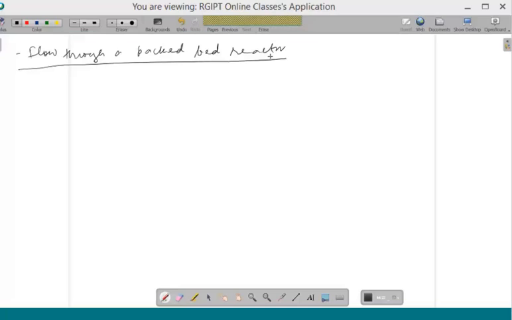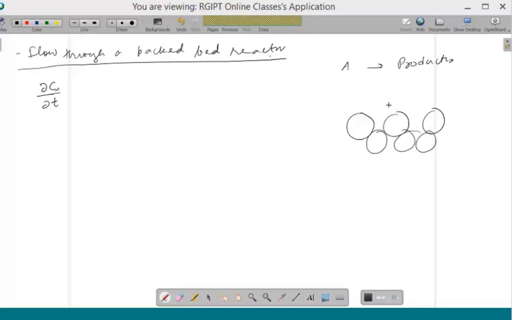Let's see what I would write. Here, just write down del CA by del T. Let's say A goes to some products in a packed reactor. In a packed reactor you will have lots of grains packed together, and you'll have fluid flowing through.